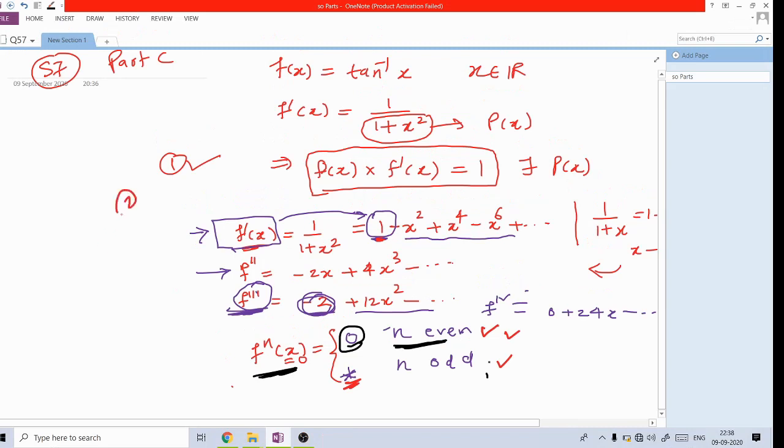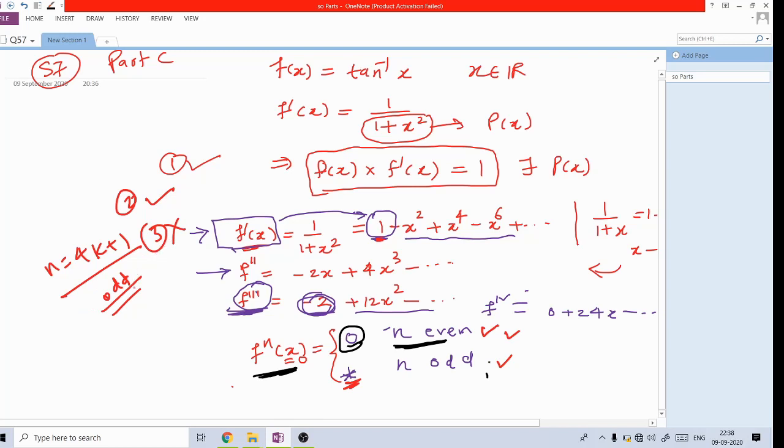The second is correct. Then they are saying in the third, f n at 0 equals 0 whenever n is 4k plus 1. Now see, n equals 4k plus 1 means these are odd numbers. And for odd we have already seen that we are getting non-zero, but they are saying f n at 0 is 0. So the third option will be incorrect.